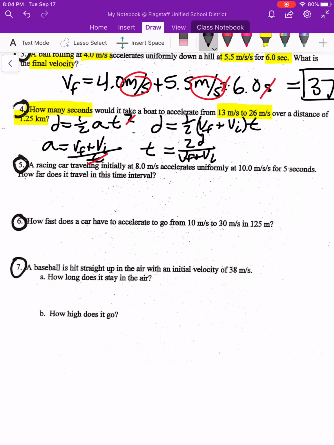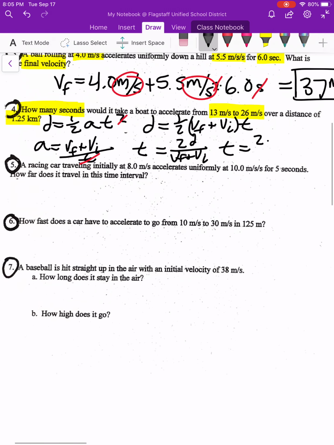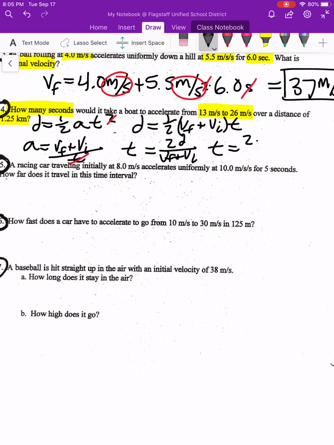Sorry, I'm just thinking through this real quick. Okay, so now we have everything set up, right? We have all our information, so now it's just plug and chug. So T equals 2D, 2 times my distance, which is in kilometers. So again, we need to convert kilometers to meters.